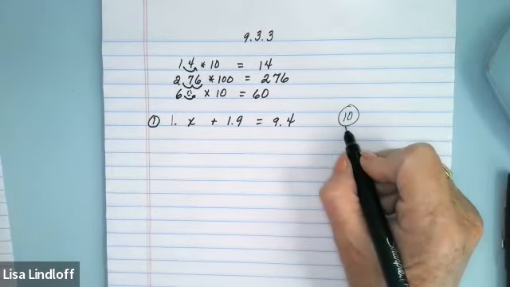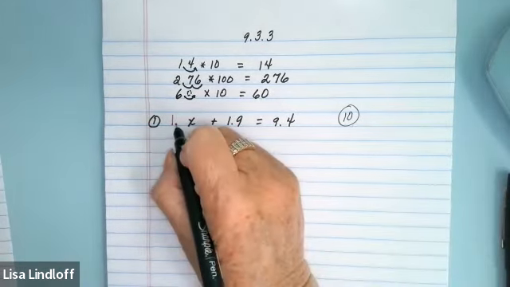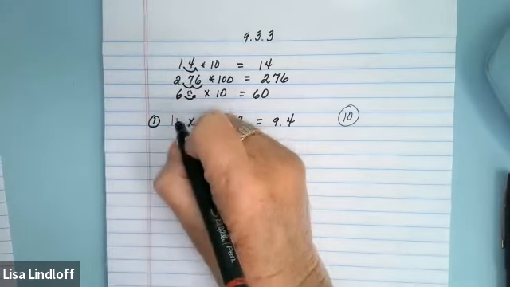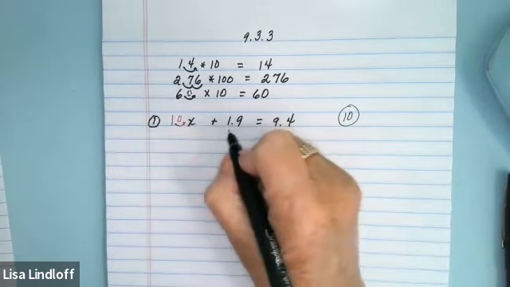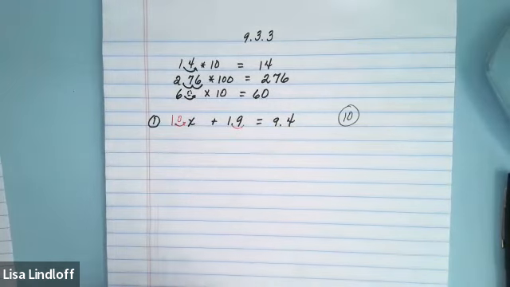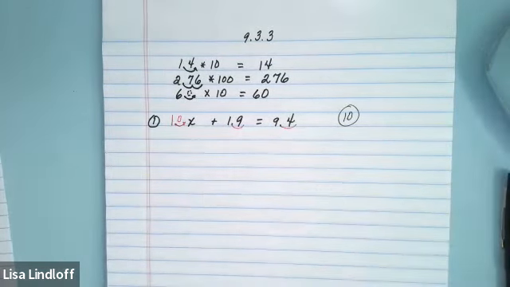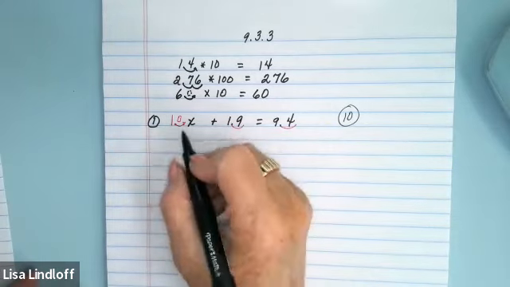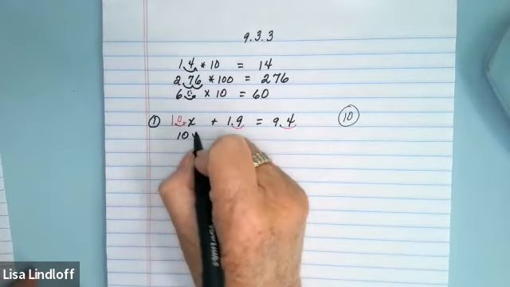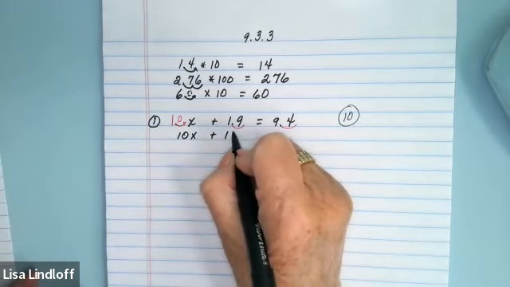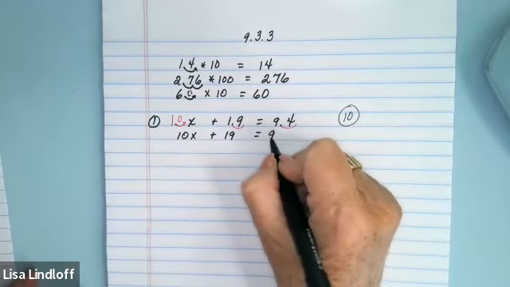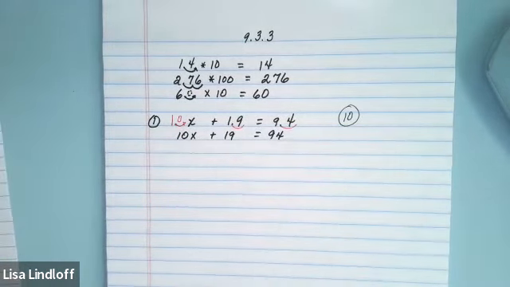So if in my mind I multiply by 10, that's going to go 1 place, adding a 0. That's going to go 1 place. Now it's a 19. That's going to go 1 place, and now it's a 94. I have 10x plus 19 is equal to 94.